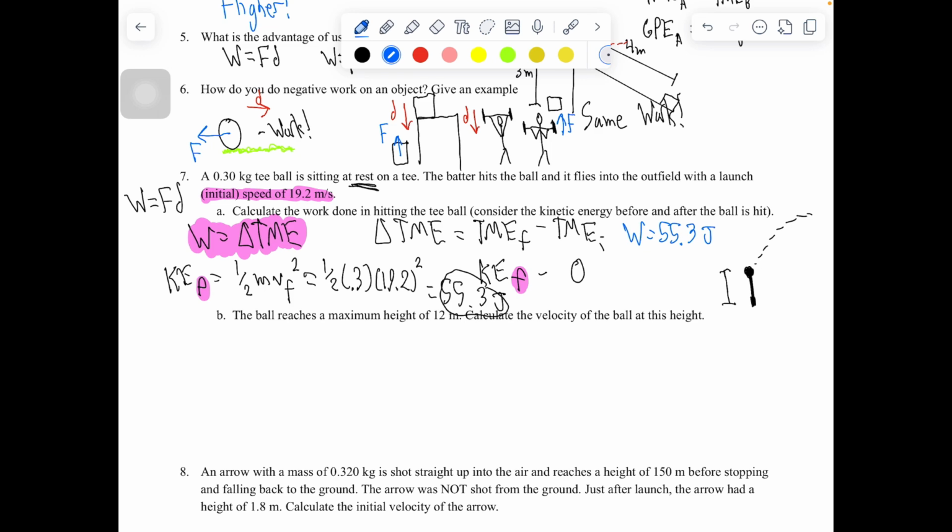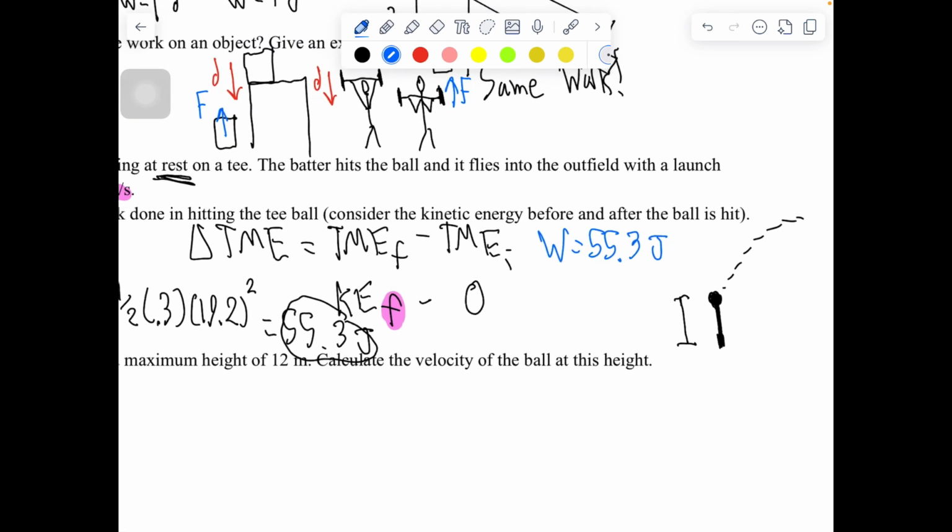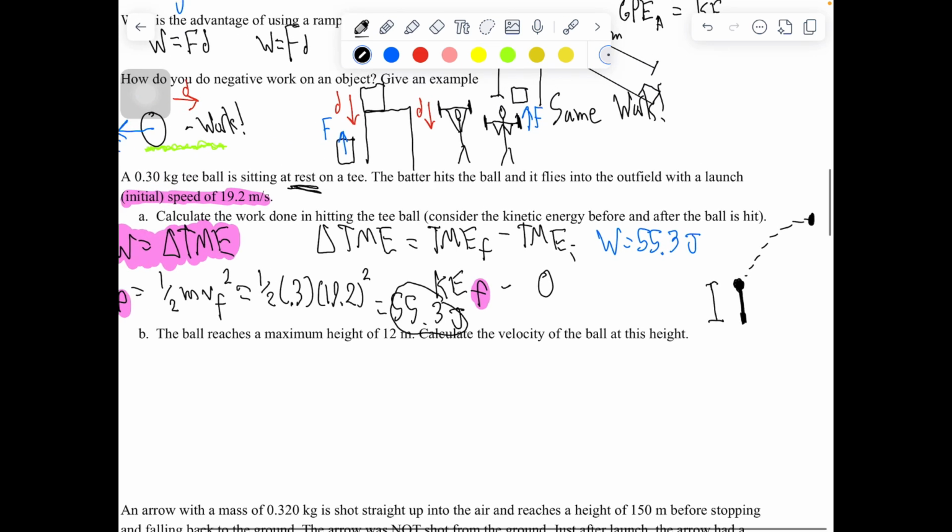So in our image, maybe this is some amount of height off the ground. It reaches some maximum height, 12 meters. But we're going to, again, ignore that at the very beginning. Say it's just on the ground, going up to 12 meters high.